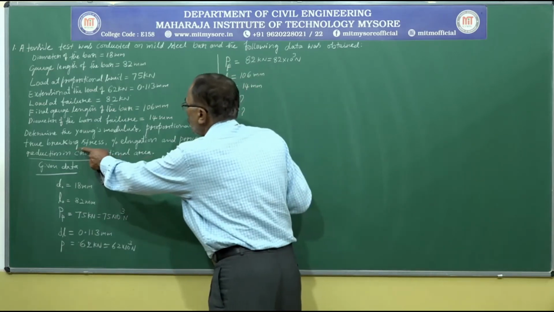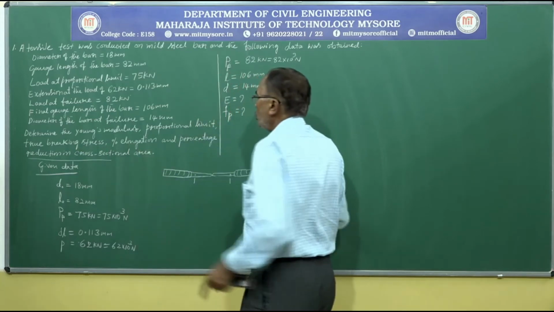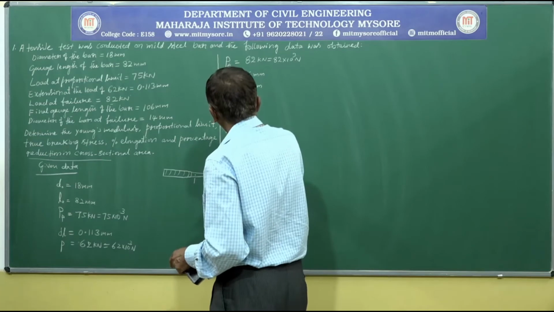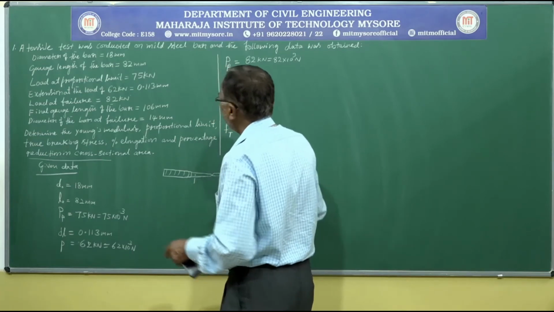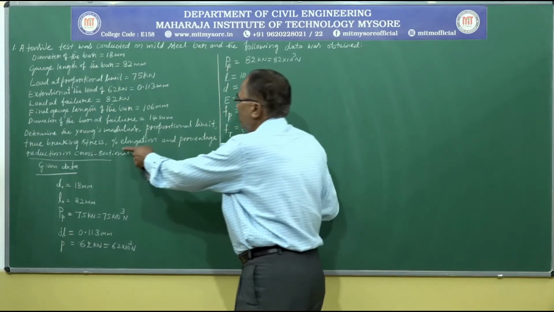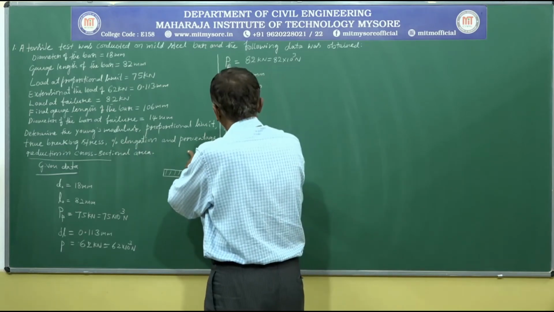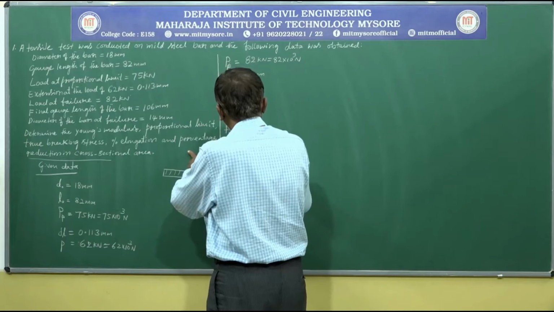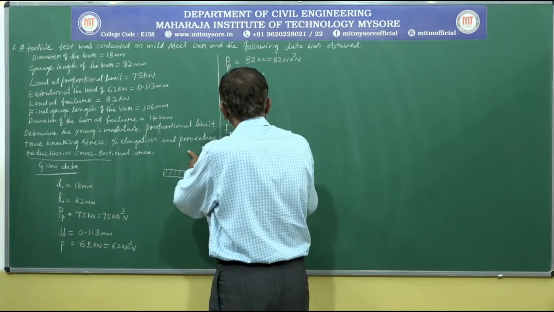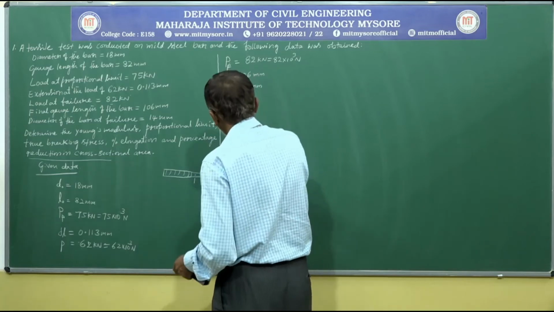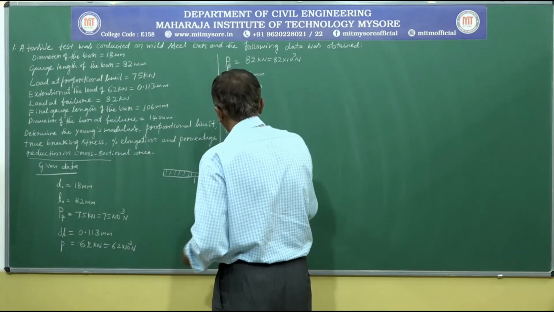Then true breaking stress, let us call this FT, FT is equal to question mark. Percentage elongation is equal to question mark, and lastly percentage reduction in cross sectional area.